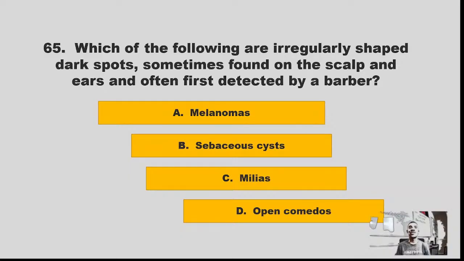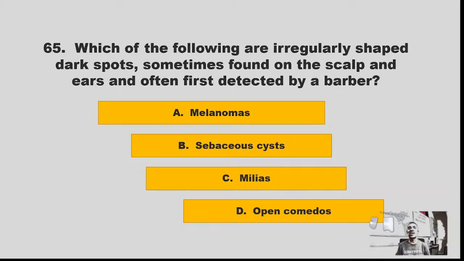Here's your next question. Which of the following are irregularly shaped dark spots, sometimes found on the scalp and ears and often first detected by a barber? What are these barbers out here detecting? Are they detecting melanomas, sebaceous cysts, milias, or open comedones?